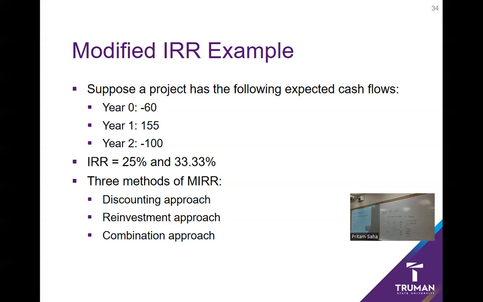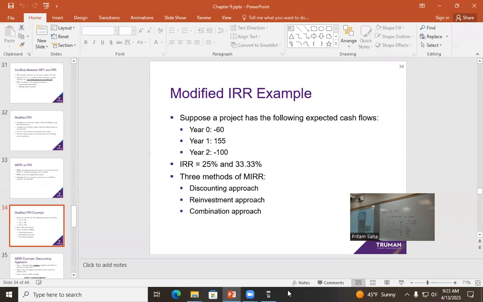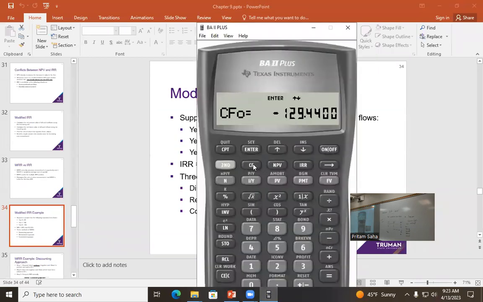So same process. If you go to the financial calculator, cash flow 0 right now is negative 60. Enter. Cash flow 1 is 0. Enter. Cash flow 2 is positive 86. Enter. Compute IRR.